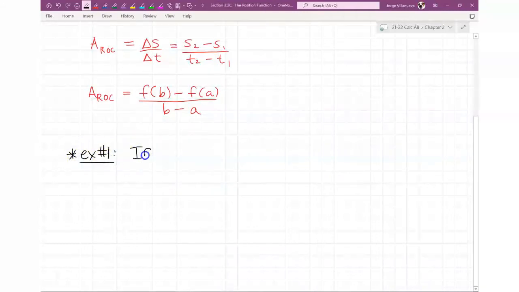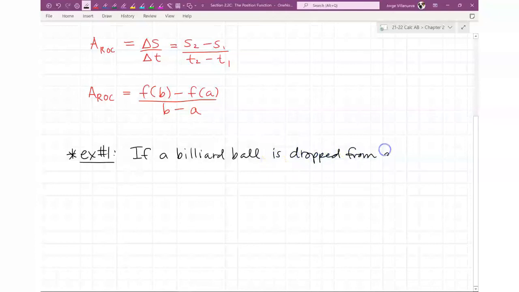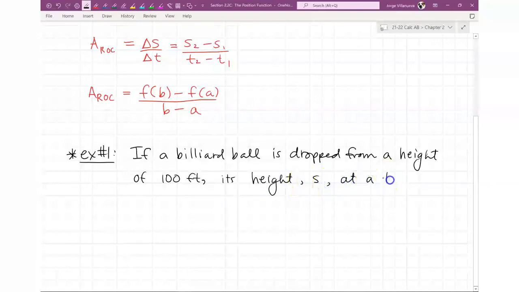If a billiard ball is dropped from a height of 100 feet, its height s at a time t is given by, and they're going to give us a function.